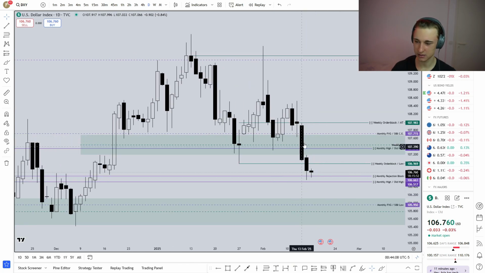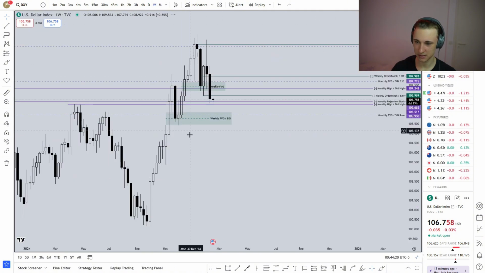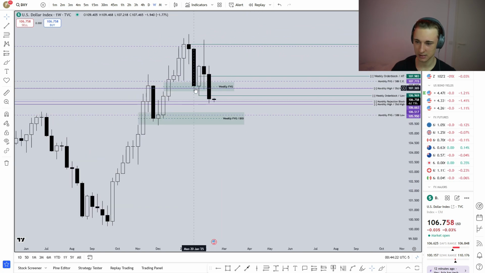I think we finally made it out of this January and February shenanigans where we only see consolidation and trapped order flow, but we're still kind of hanging between the mean threshold of this weekly bullish order block and the low from this bearish order block.